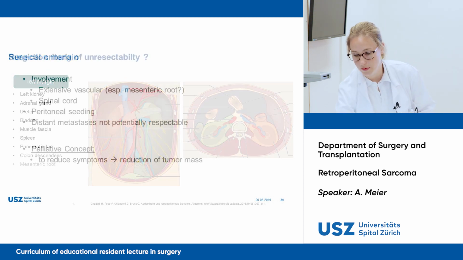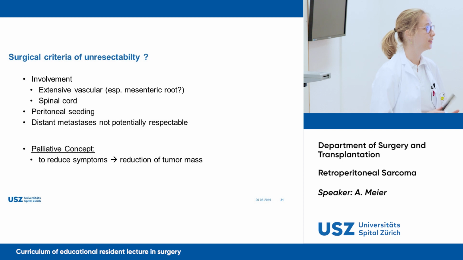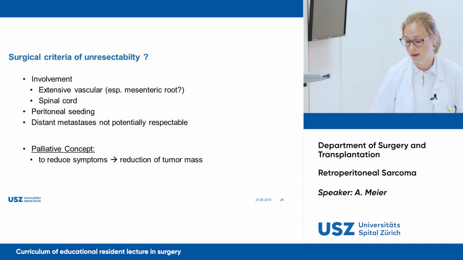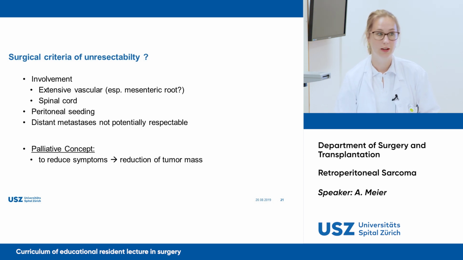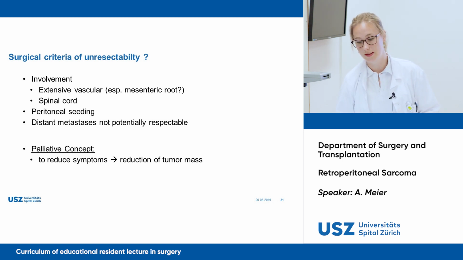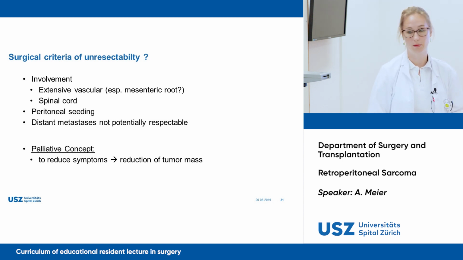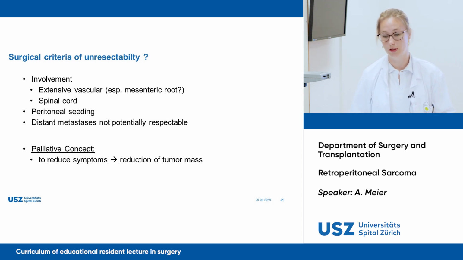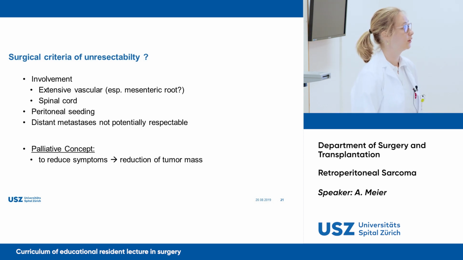So this comes to my next criteria: are there any surgical criteria of unresectability? There are some under discussion which have to be discussed in the interdisciplinary team. If there is an extensive involvement of the mesenteric root, we have to think about whether we can resect or not. If there is an involvement of the spinal cord, we have to think if there is any possibility to get a surgical resection.